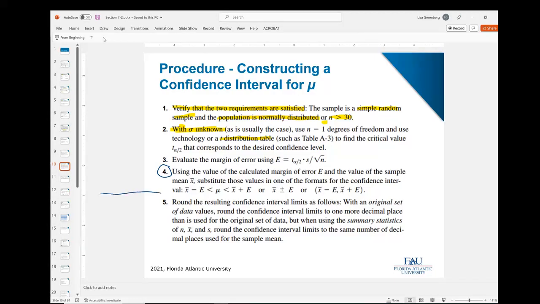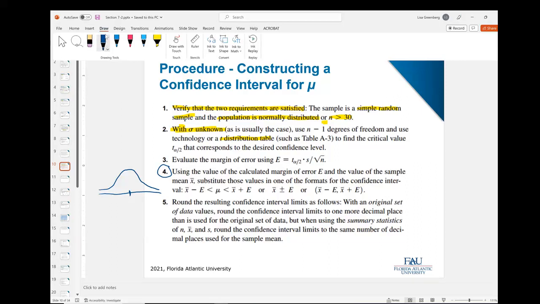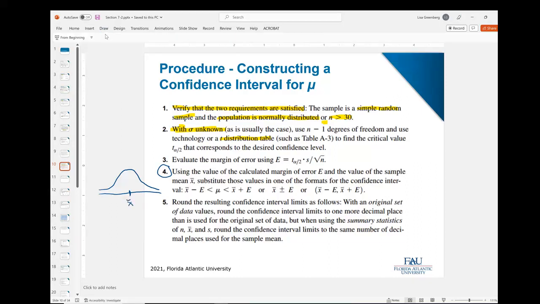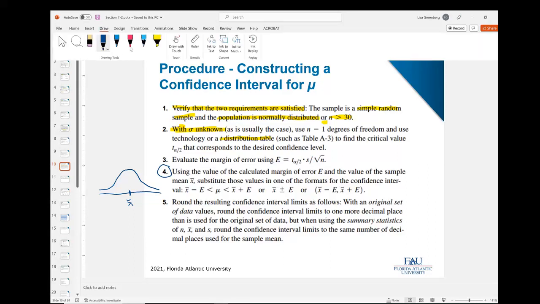So here we have our normal bell curve, and here is our X bar. Right here, we're going to put our X bar, our sample mean, because that's all we have, right? And then we're going to calculate our error.